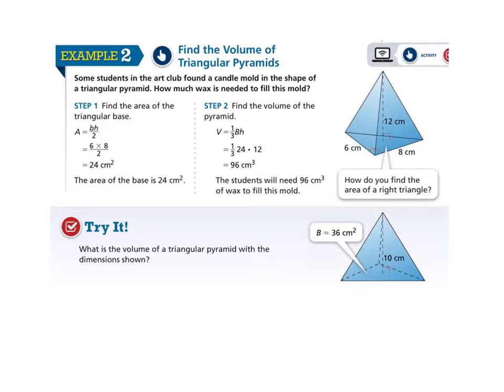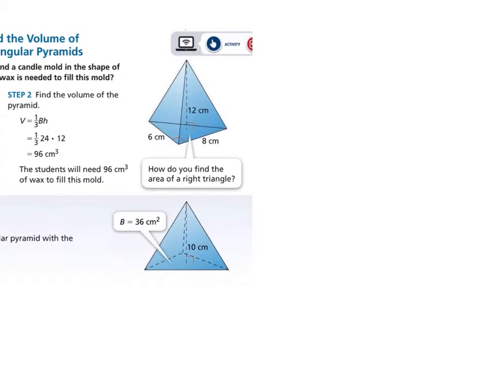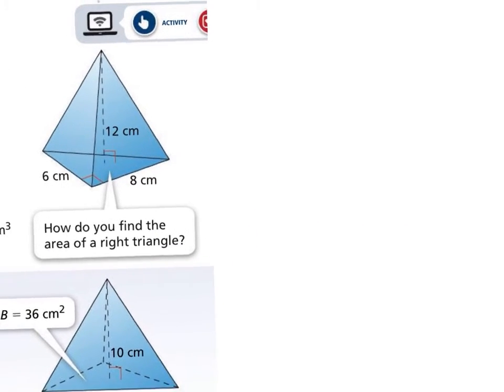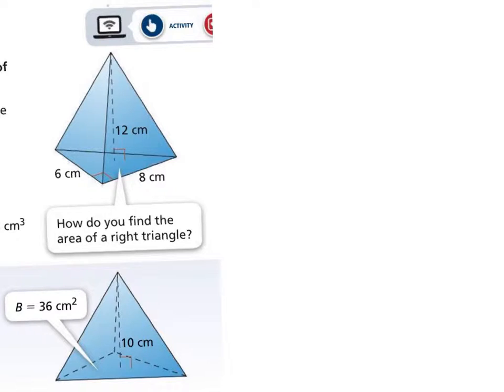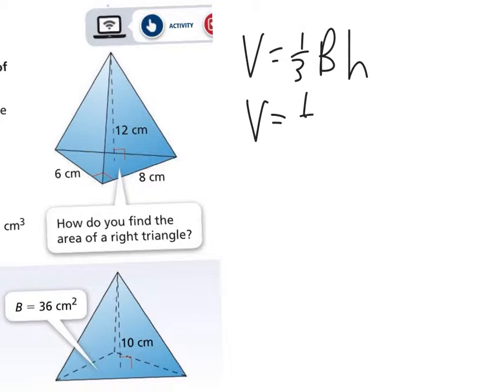So example 2, some students in the art club found a candle mold in the shape of a triangular pyramid. How much wax is needed to fill this mold? So this one, since it's a triangular pyramid, you can start with your formula. And then, since the base is a triangle, we've already talked about the area of a triangle is half base times height.